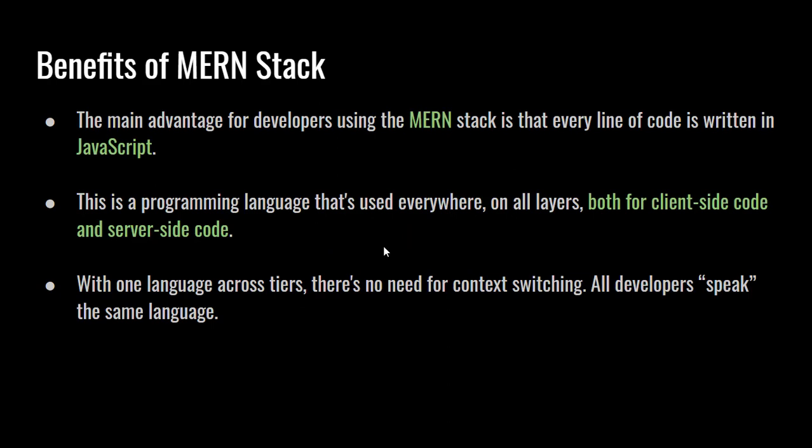So the benefits of the MERN stack. The advantage for developers using the MERN stack is that every line of code is written in JavaScript. What I talked about before is when you have lines drawn in the sand with boundaries per technology, like you have Java guys over there, your .NET guys over there, and they're not going to talk, and maybe the database guys over there, now you've got a problem. Now you have to go to their managers to get them to do some work, and it can be very political.